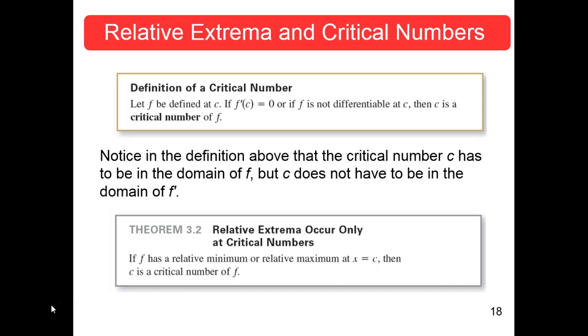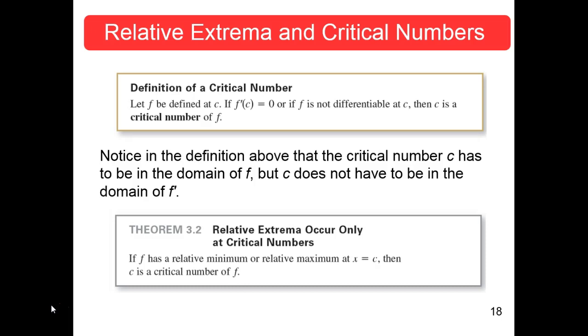If f prime of c is either 0 or f is not differentiable at c, in other words, the first derivative of f does not exist there, then c is called a critical number of f. That's it for a critical number. If the first derivative is 0 or doesn't exist at that point, then c is a critical number. Remember that. Those are the points we're going to be investigating.